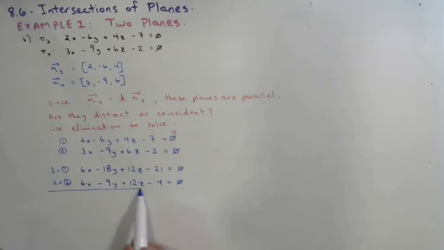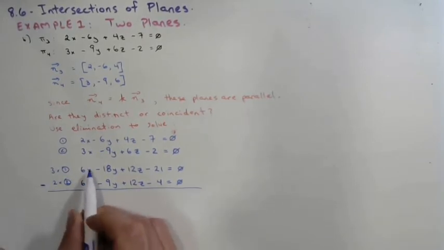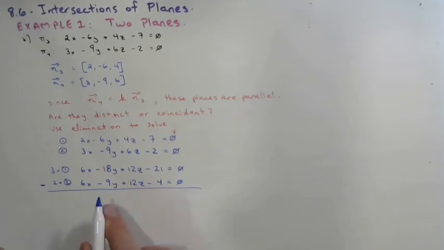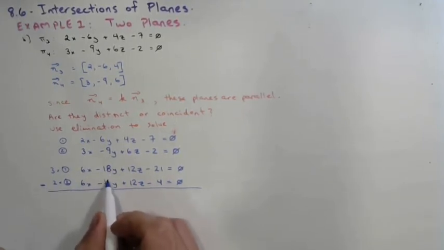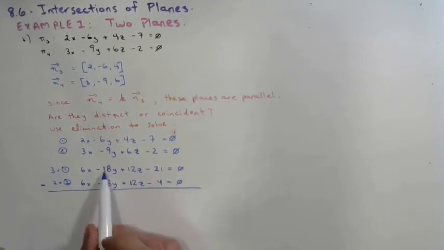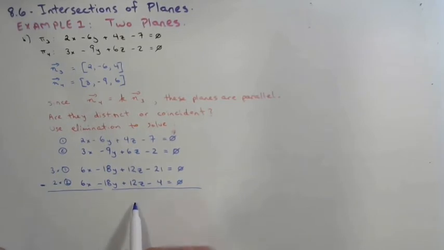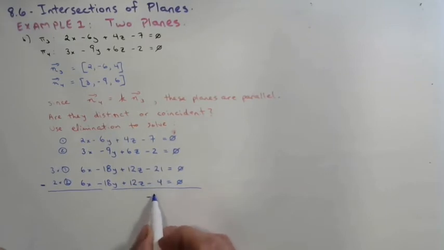I'm going to subtract equation 2 from equation 1. That's going to give me 0x. 9 times 2 is 18. Negative 18 plus 18 is 0. 12 minus 12 is 0. Negative 21 minus negative 4 is negative 21 plus 4. That's negative 17 equals 0.